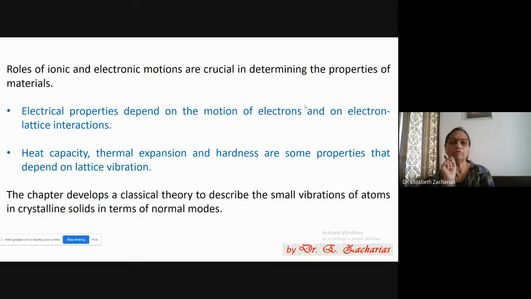Now we have used two terms. One is the lattice, and the other is the electron. We are now going to discuss the role of the ionic and electronic motions. Ionic means the ion sitting at the lattice position. I told you it's heavy. Electron, on the other hand, is light.